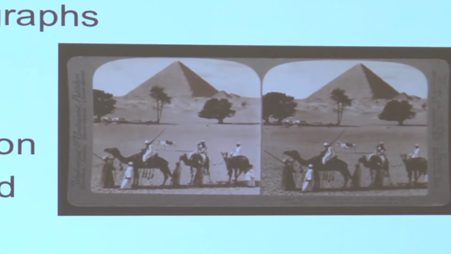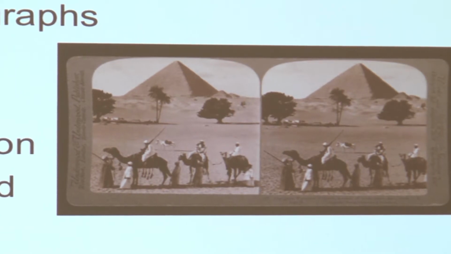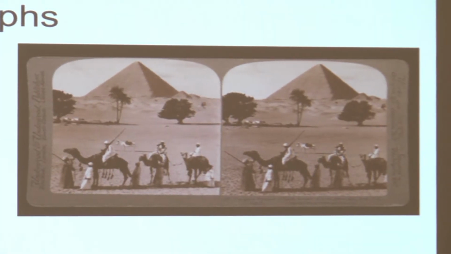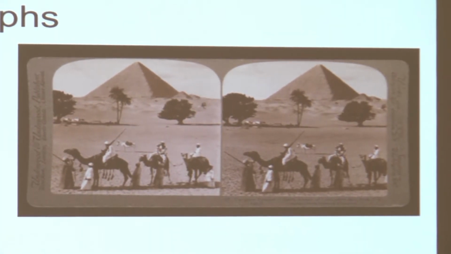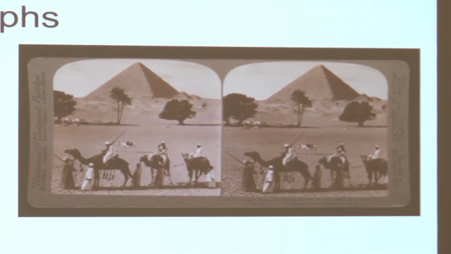These stereographs, which are 3D photographs, were sold as card packs and boxes, and you'd buy the new stereo card pack and have a little viewing party in your viewing room with your neighbors and friends, and you'd look at the new stereographs and visit far off places.